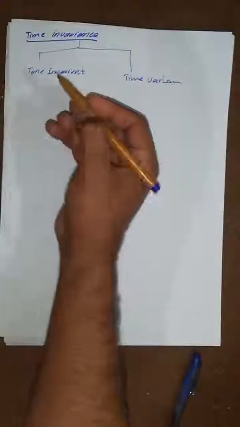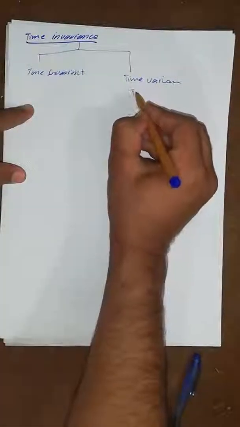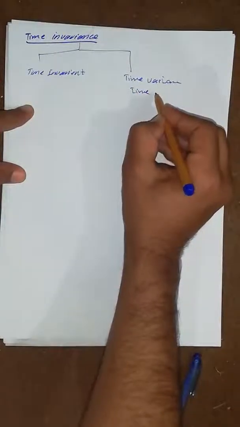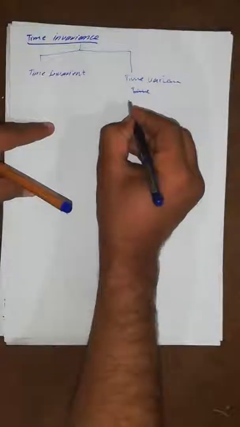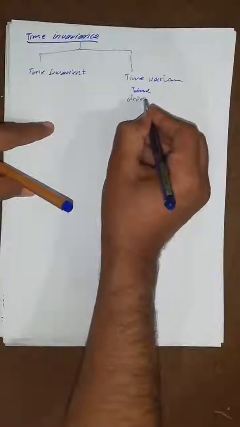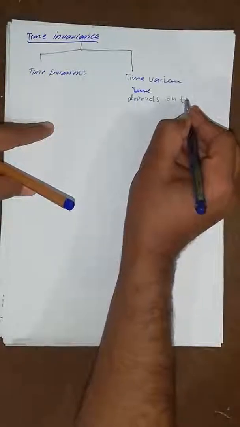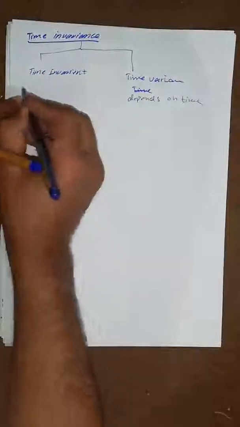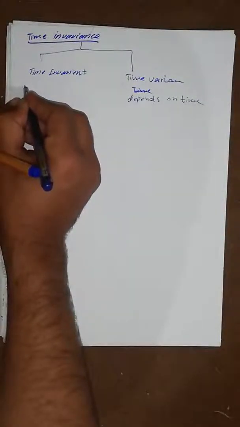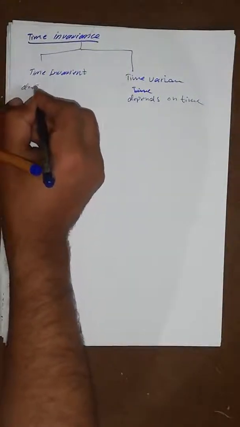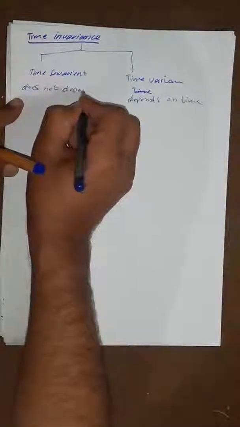If a system depends upon time, then it will be time variant. Time invariant does not depend on time.